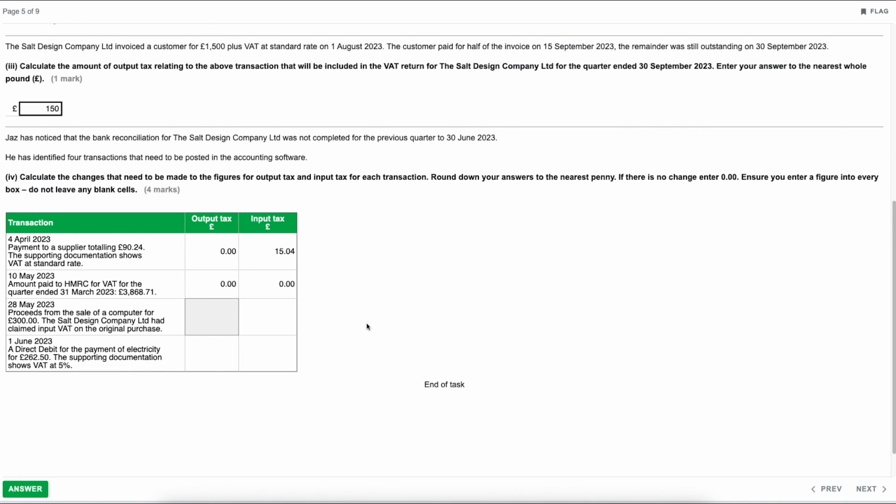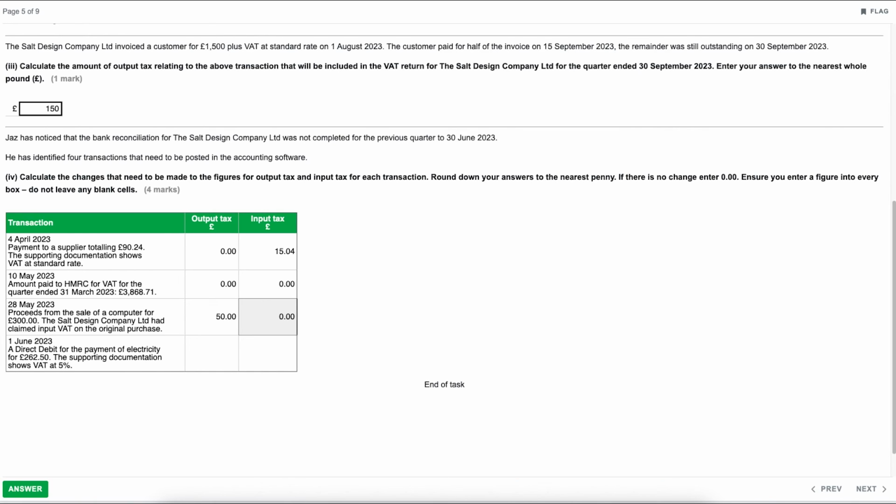So again, same as what we did with the first one, we need to work out the VAT that's included within that amount. So either divide it by 6 or divide it by 120 times it by 20. And that gives you a VAT amount of £50. And because it's on a sale, it would be output tax. We can enter 50.00, and in our input tax, as I said before, you shouldn't be leaving it blank, so it should be 0.00.